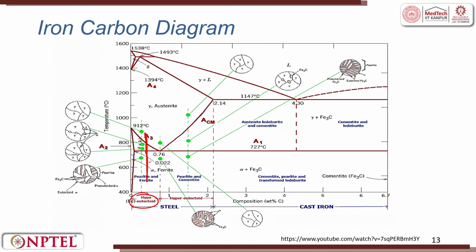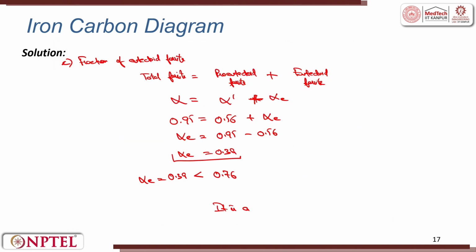So, again you can see it is hypoeutectoid only. 0.39 also lies somewhere here, right. Constituent of hypoeutectoid.